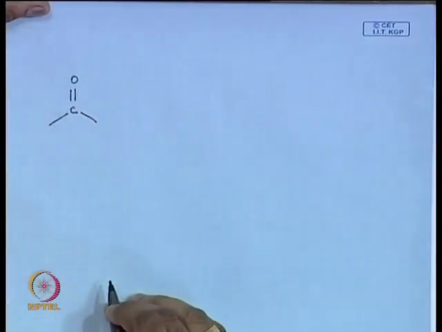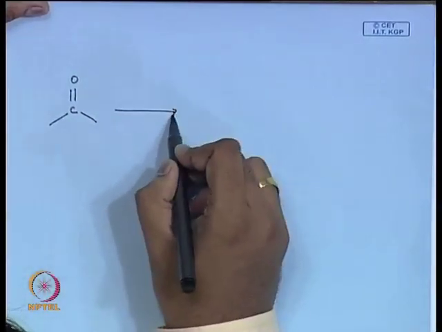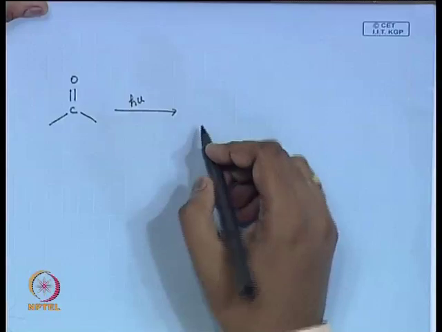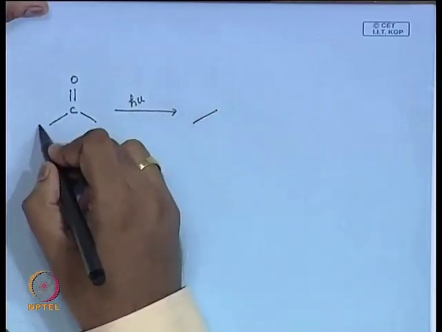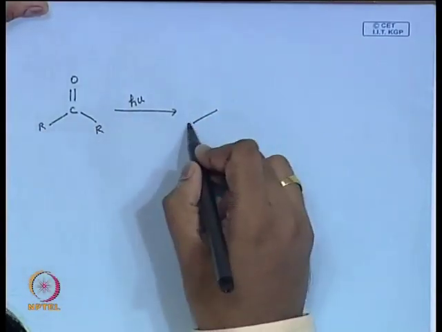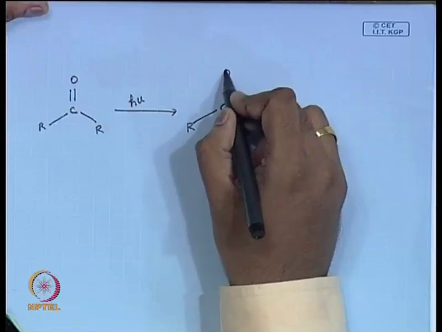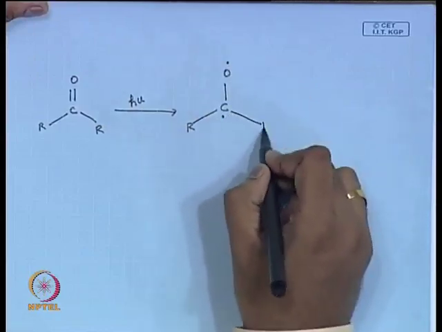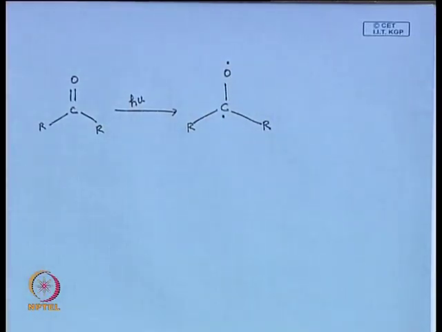I said that if you have a carbonyl system, once I shine light I get a system like this, right. Then we discussed which will be reactive, your C dot or your O dot.